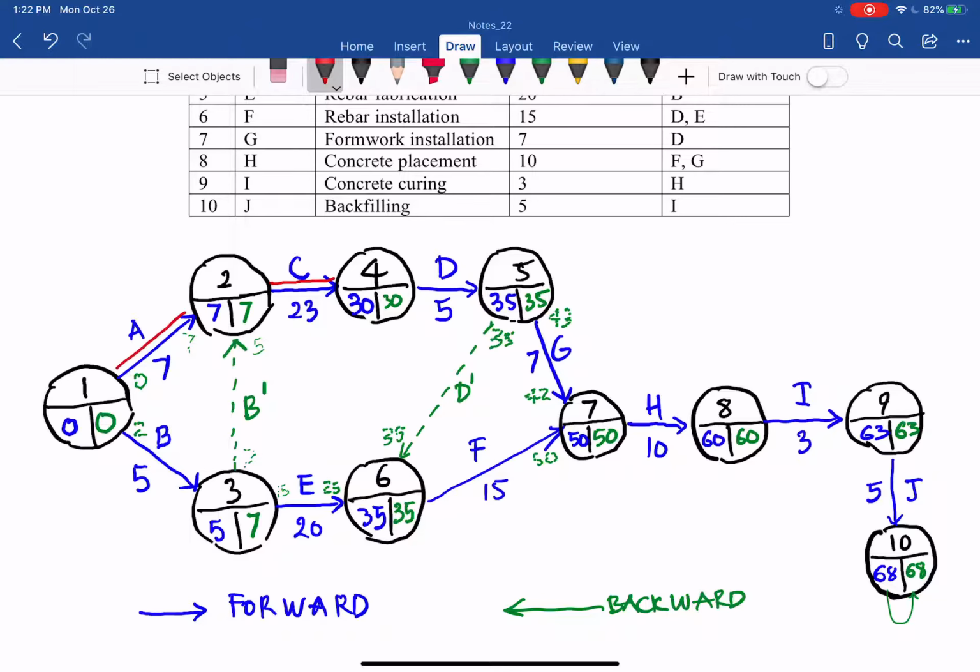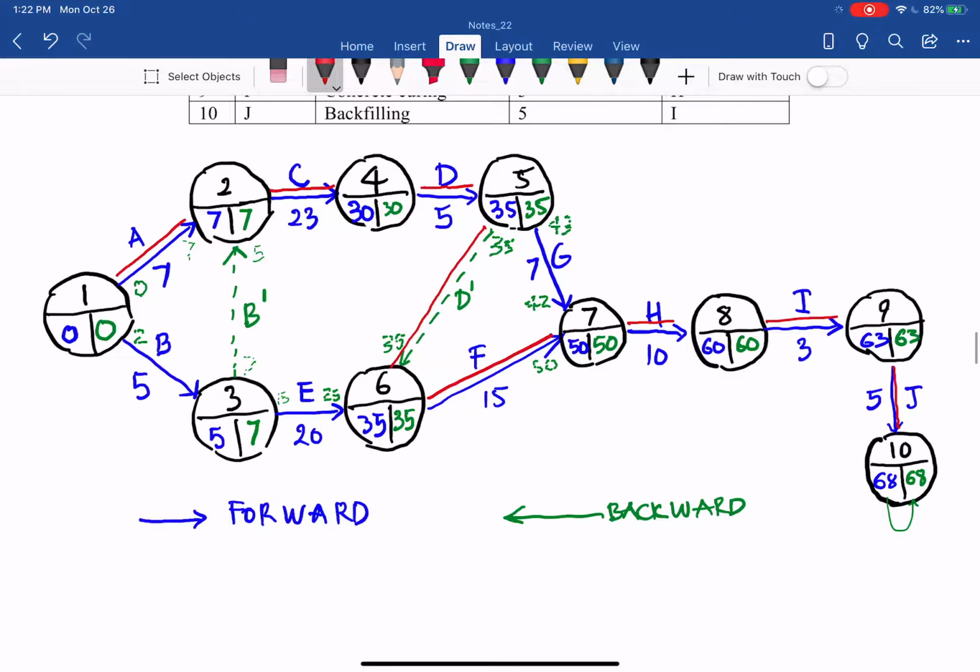And then go through D, and then not G, but D apostrophe, and you can see that node number 6, early event time equals late event time. And then we have F, and then H, I, J. So those are the critical path and critical activity.